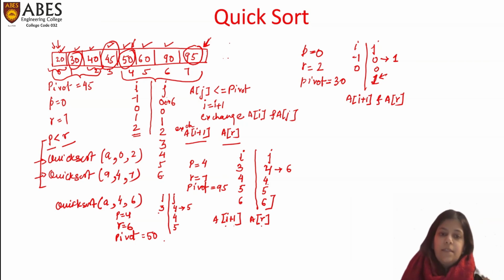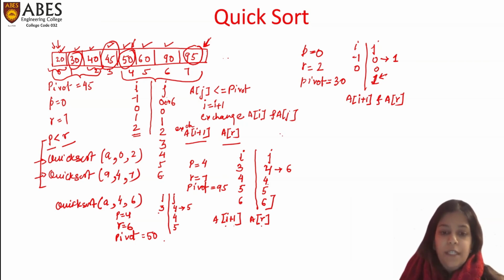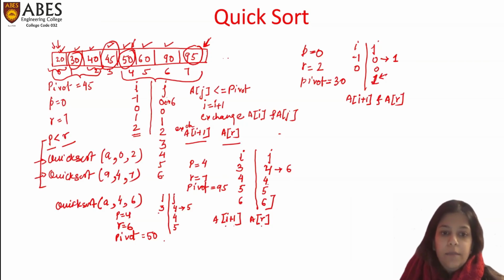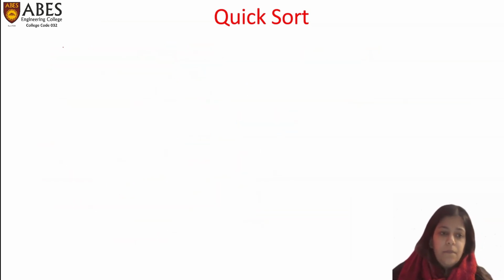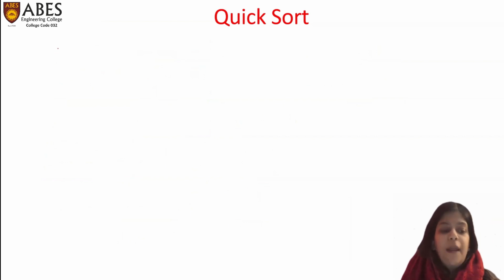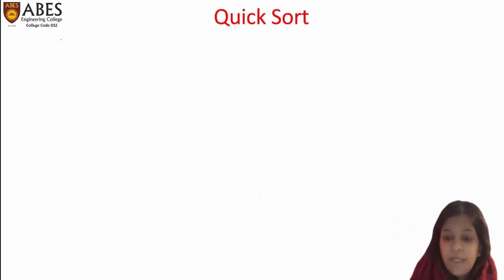Now let us try to write the algorithm of whatever we have done here. As you can see, we are doing two tasks. One is finding the exact position of the pivot element.